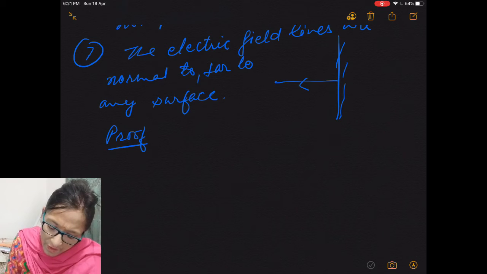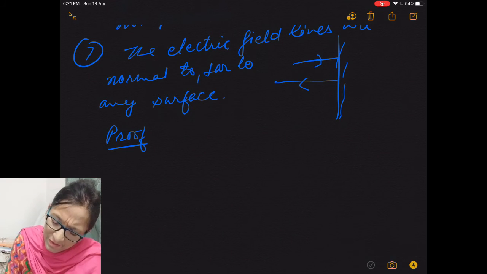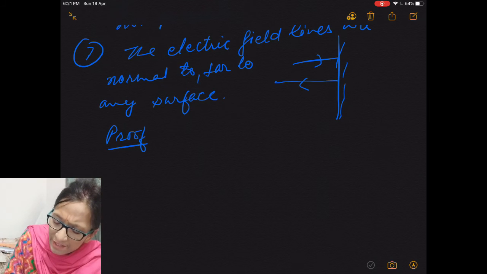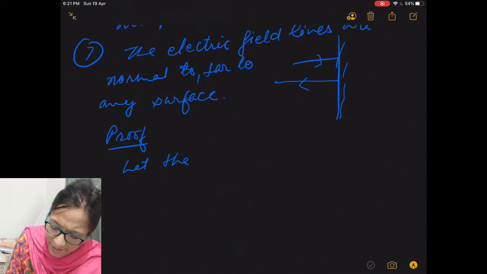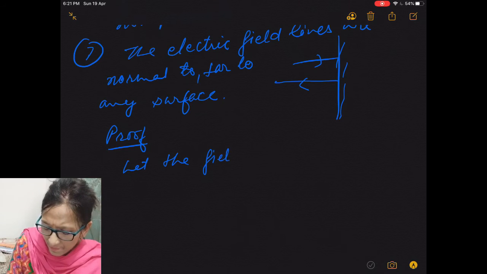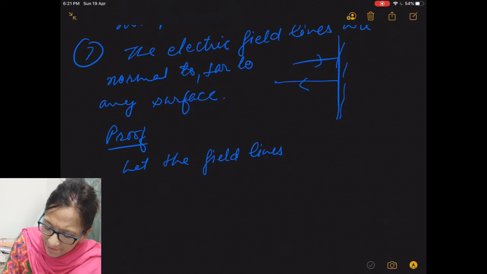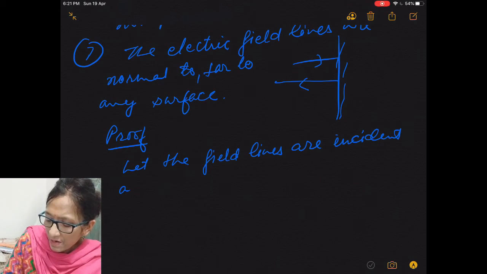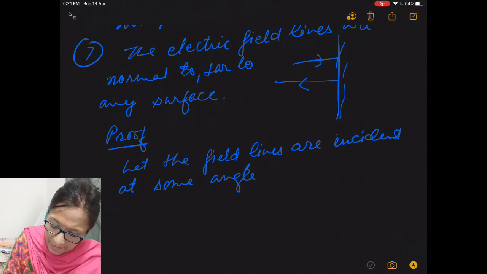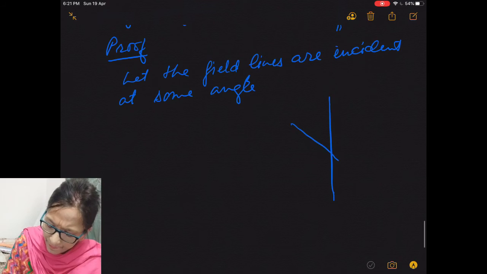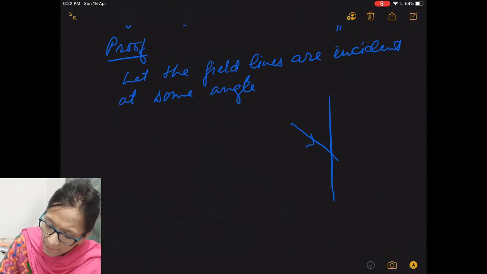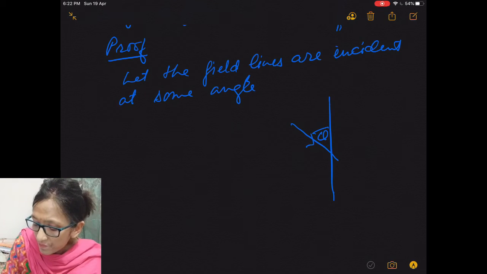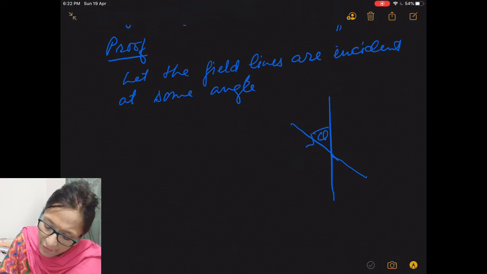So, let us assume that these field lines are not incident perpendicularly. Let them be incident at some angle. Look here, it is incident at some angle. So it will have two directions of electric field now.